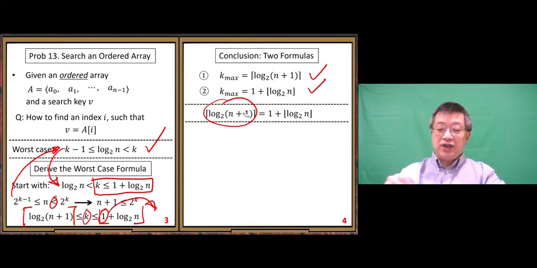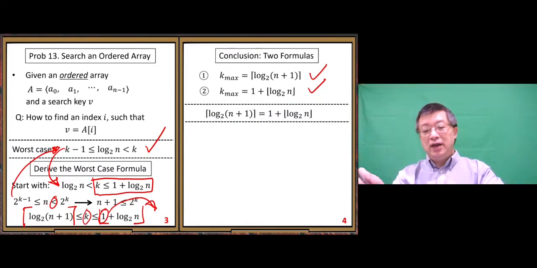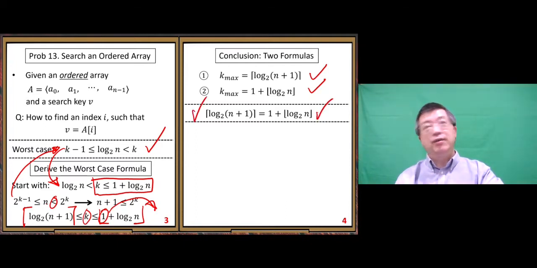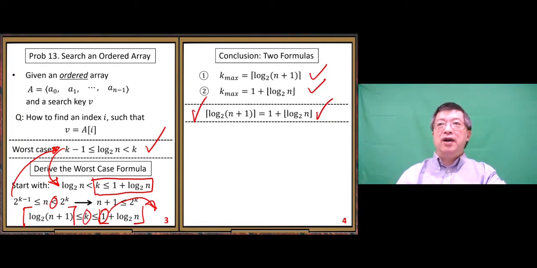It's a good exercise problem. But we have the answer. When you calculate the worst case for binary search, you can use either formula. Either one is correct.